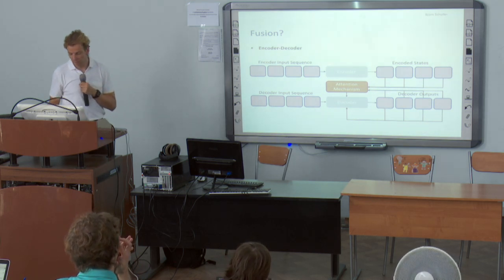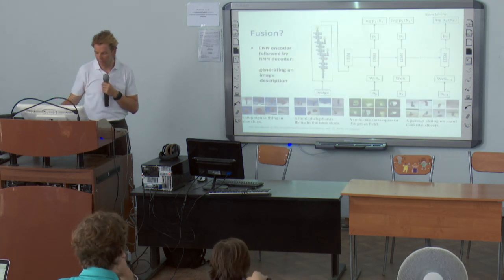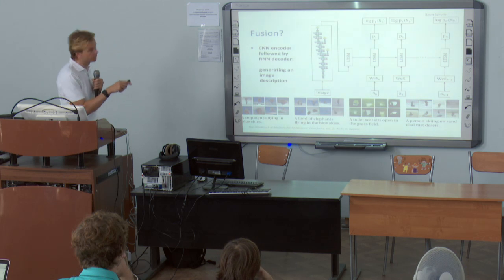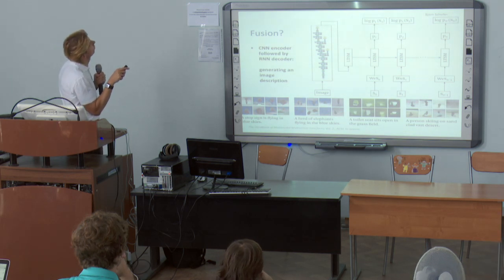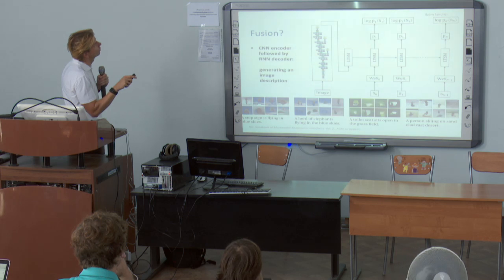Now here are some examples along those lines, putting together, for example, a CNN encoder followed by a recurrent neural network decoder to put together something that can handle images. That's the CNN part. And here, pardon the typo, this should be LSTM and not LTSM.